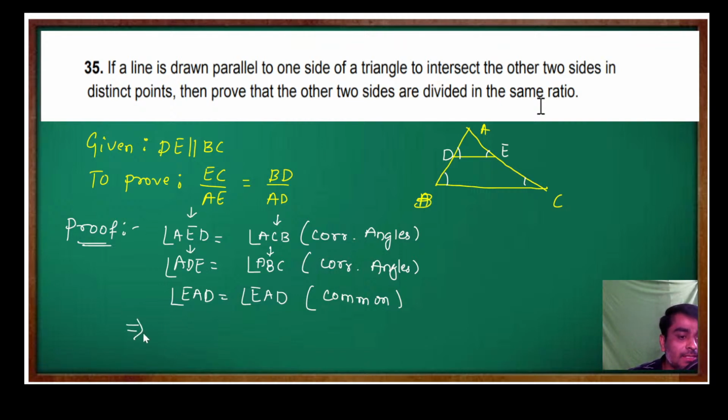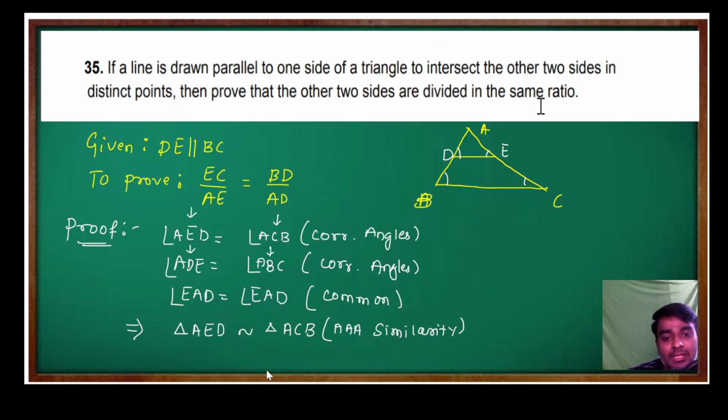This implies triangle AED is similar to triangle ACB. By which similarity is this? AAA similarity, because you have equated all the three angles.